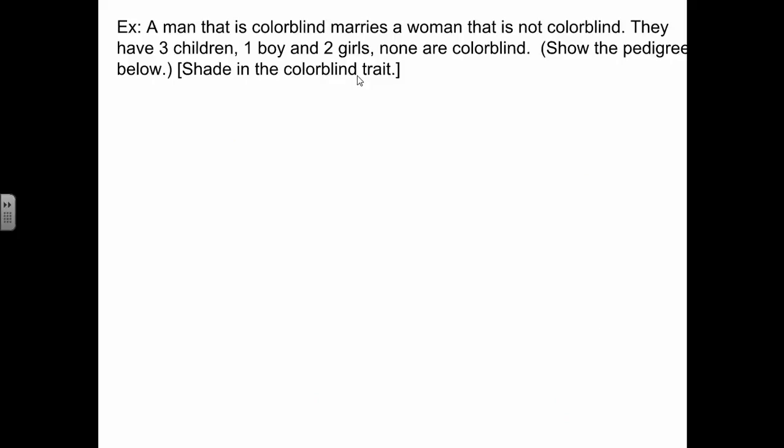So we're tracing color blindness in this one. We have a man that is colorblind. Let's start with that. What symbol shall we use? Shaded square. He's married to a woman that is not colorblind. Plain circle. Connected how?